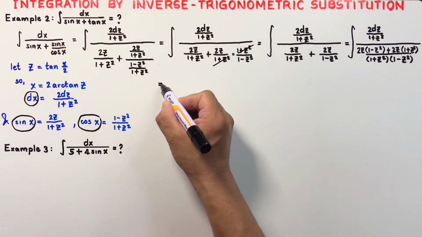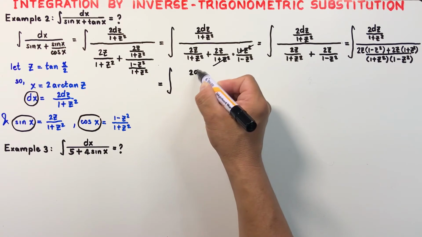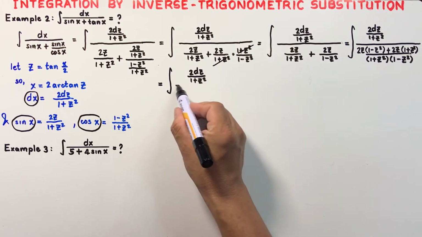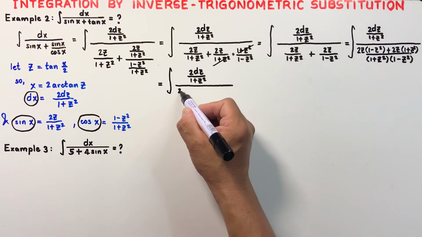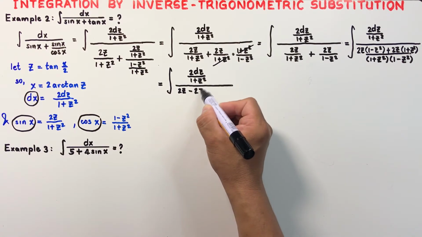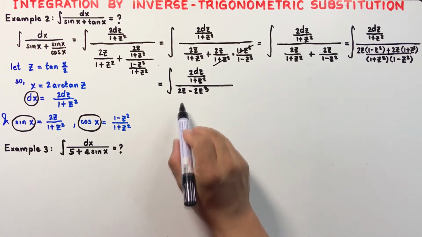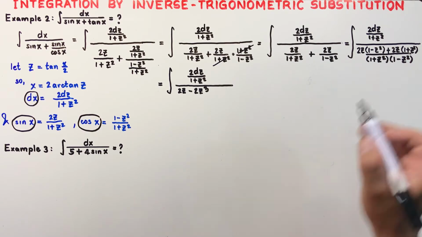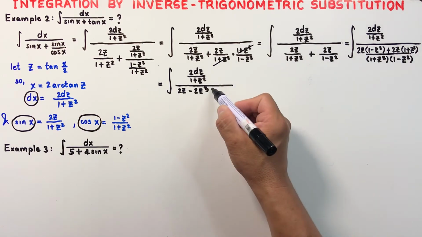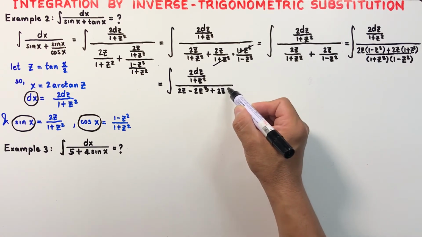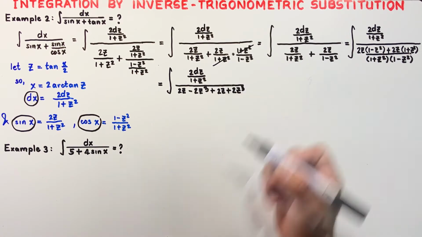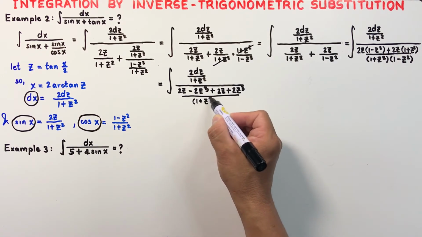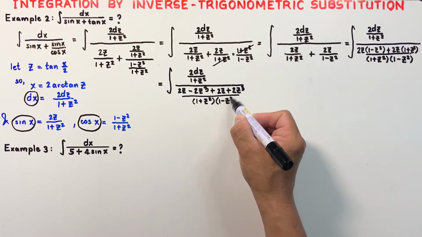So simplifying it further, we have the integral of 2dz over 1 plus z squared. This is divided by 2z minus 2z cubed, because this is the result when you distribute 2z to this binomial. And distributing also 2z to this binomial, we have plus 2z plus 2z cubed, and this is divided by the product of 1 plus z squared and 1 minus z squared.